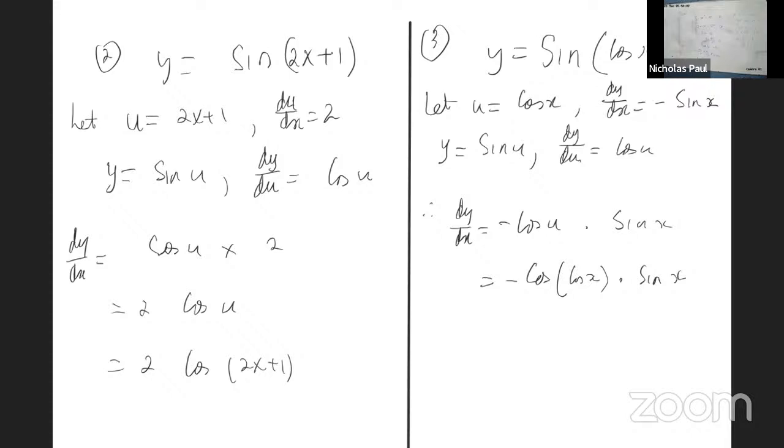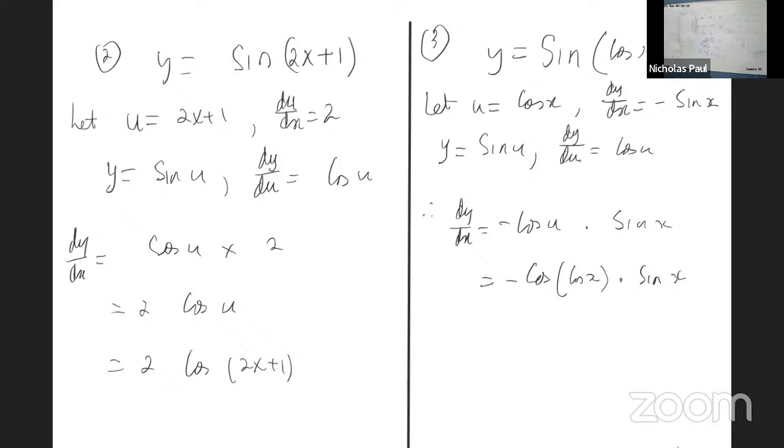I can simplify, but don't worry about that. When you do pure maths, you will do that. Not the same thing.